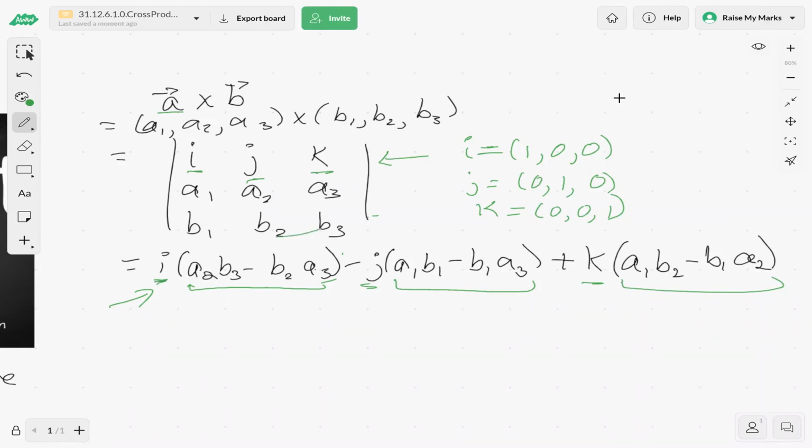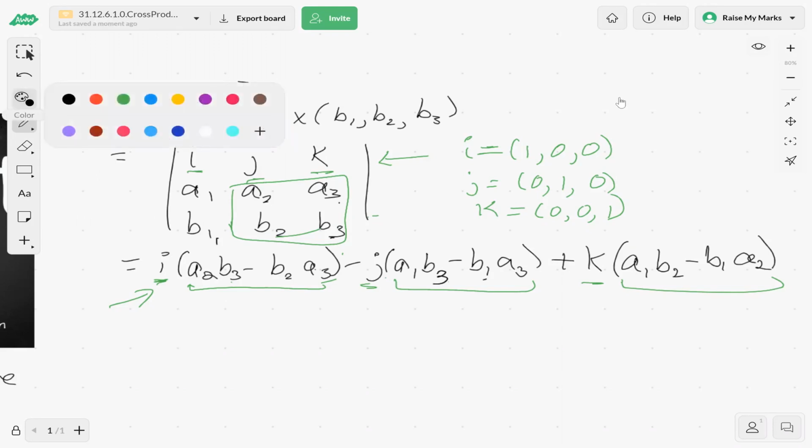For i, we have A2 times B3 minus B2 times A3. So we're looking at this little box right here. For j, the coefficient of this vector is A1 times B3, my mistake, minus B1 times A3.